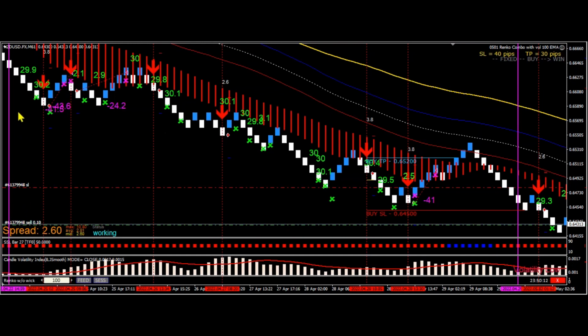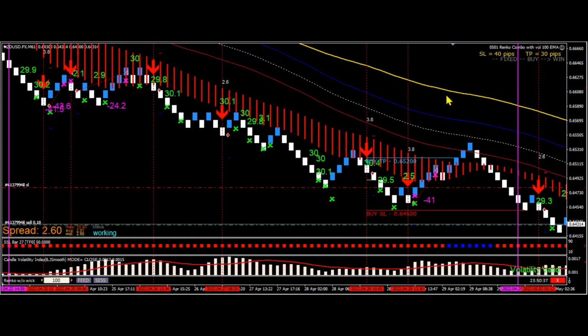Between this purple line and this purple line, that is last week's trades. So this happens to be Kiwi USD. This is what happened last week using the system. But let me run through and just tell you what all the pieces are again.